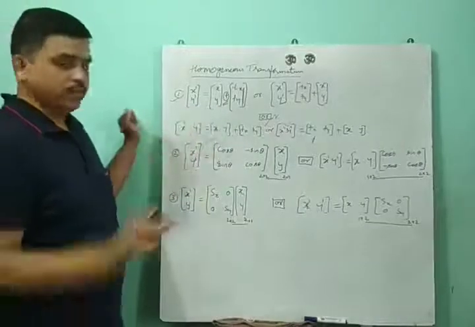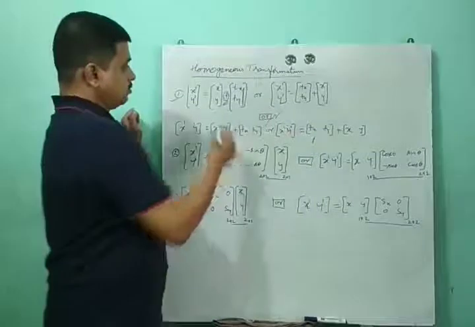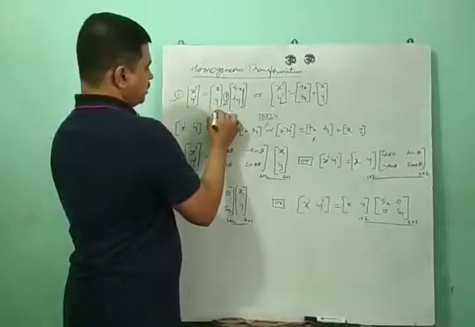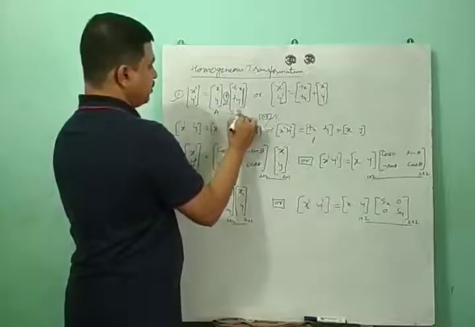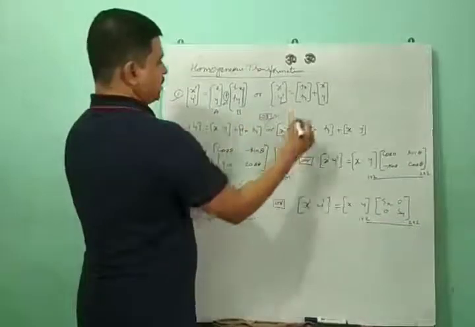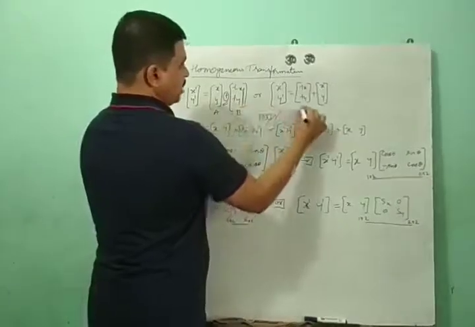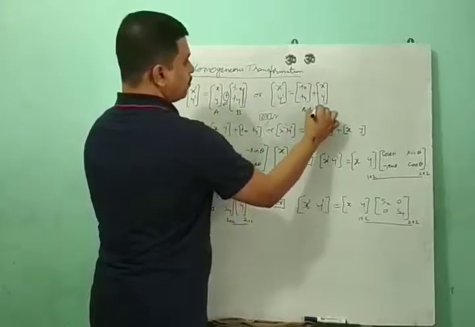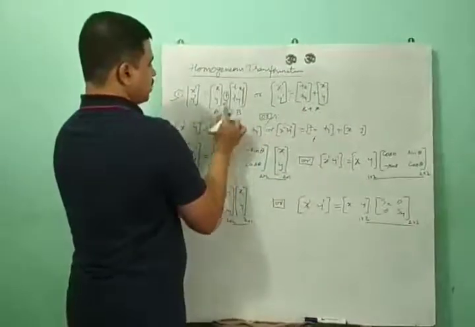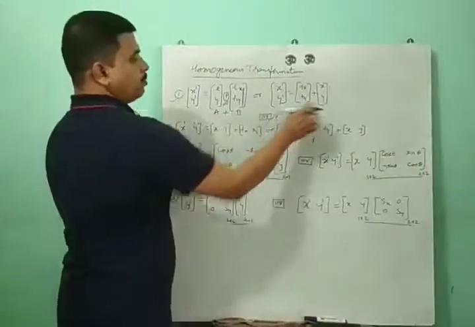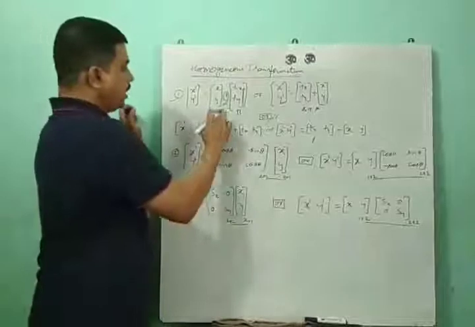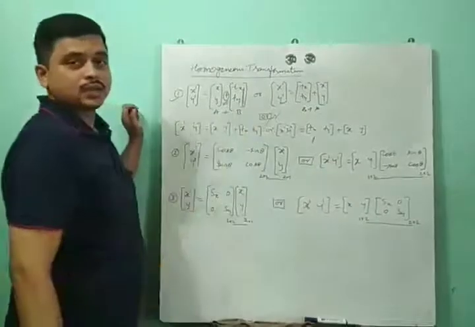If you remember the matrix algebra, this is A matrix, this is B matrix. This can be represented as A plus B or B plus A, provided A and B are identical matrices.